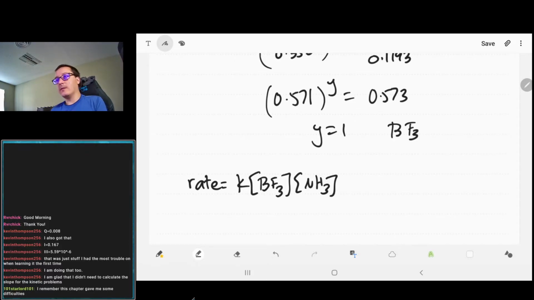So you just solve these. Let's see, what's another one we can do based on this sort of thing.